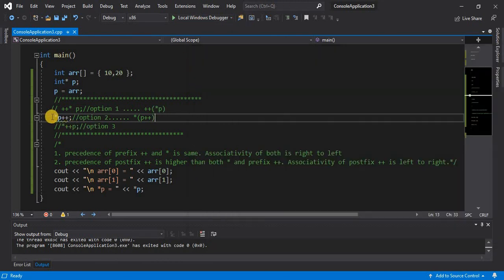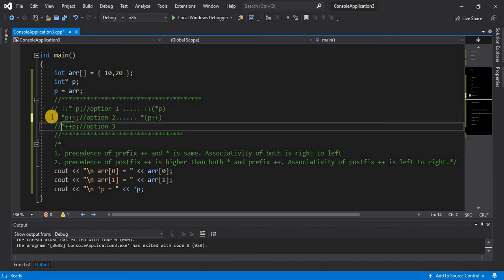Now let's explore the third option, *++p. This expression has two operators in it. One is a star and one is prefix plus plus. So rule number 1 will get applied here. Prefix plus plus and star are of the same precedence.